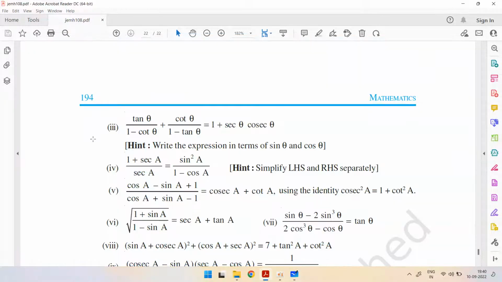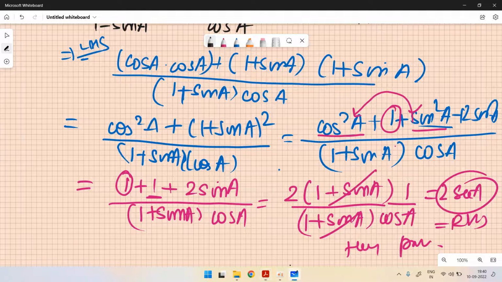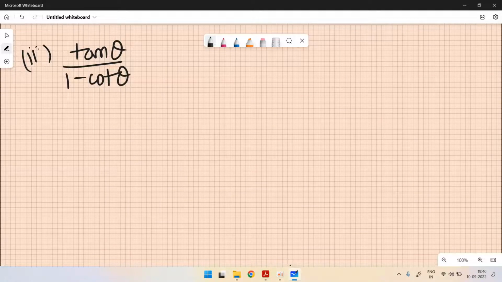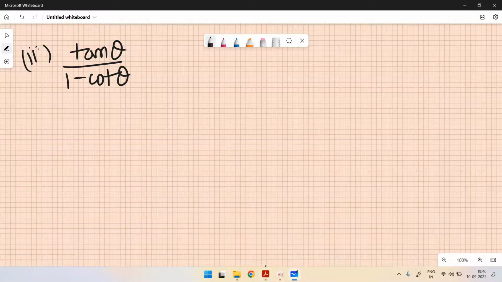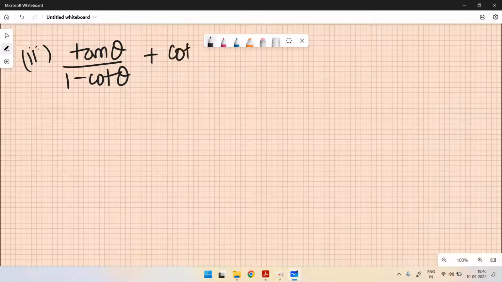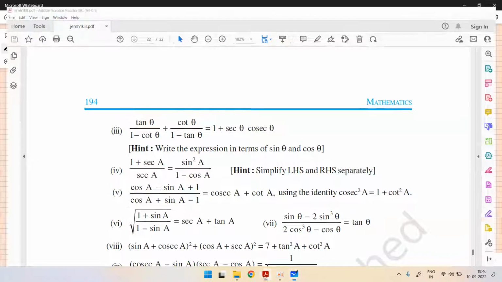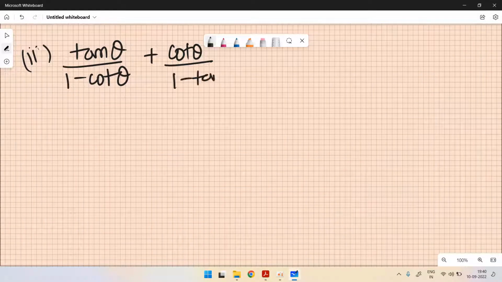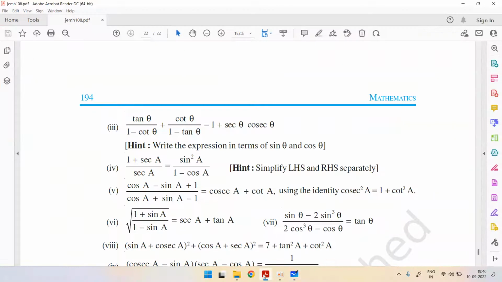Now the next is my third part. Third expression is tan theta by 1 minus cot theta plus cot theta by 1 minus tan theta is equal to 1 plus secant theta cosecant theta.